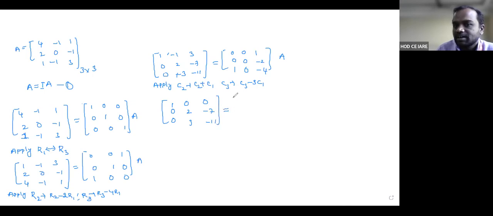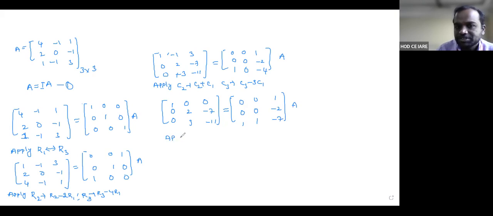Next here 0, 0, 1, 0, 0 and 1. Next C3 minus 3C1: so 1, minus 2, minus 4, minus 3, minus 7. Same like this, you apply to the next row.